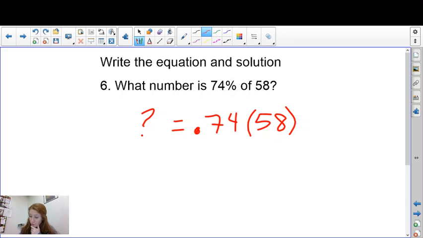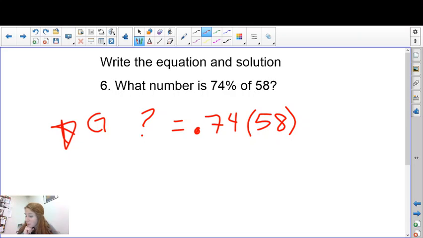It potentially could be G, cannot be H because it has 58 equals. And it can't even be I because it doesn't even have the decimal as 0.74. It's just got 74. They didn't change the percentage. So my answer is, I'm thinking G because my equation is the only one that matched up.